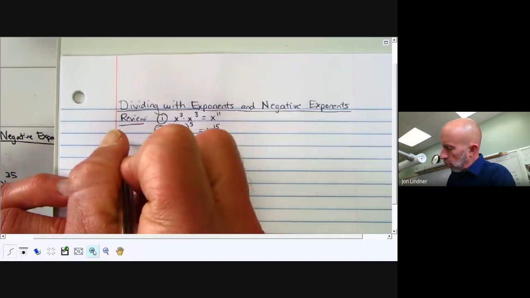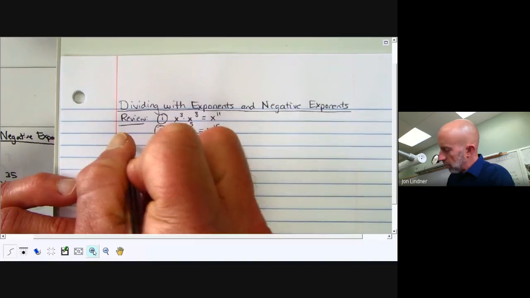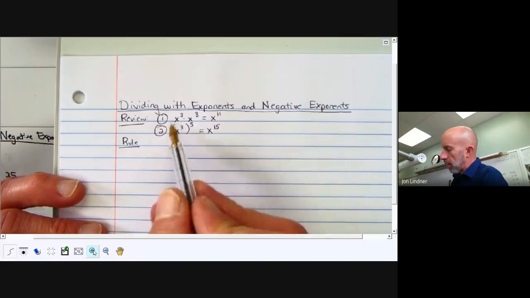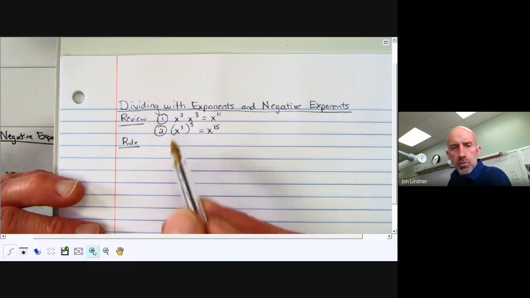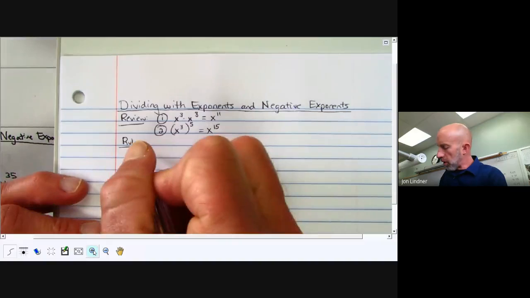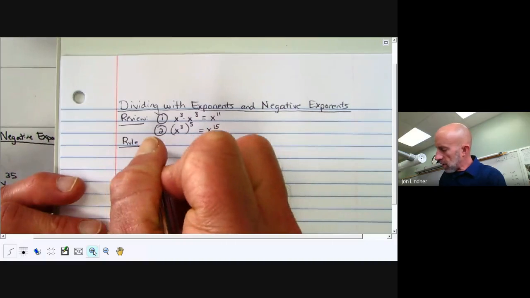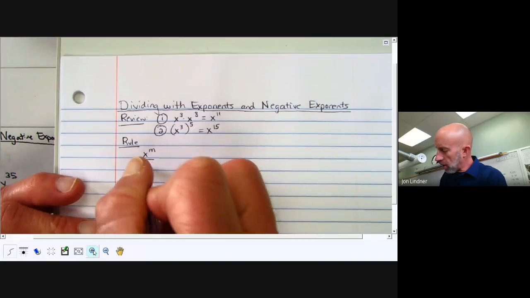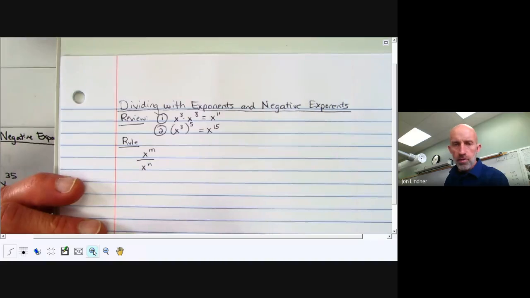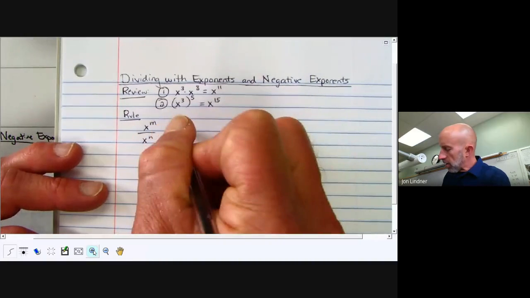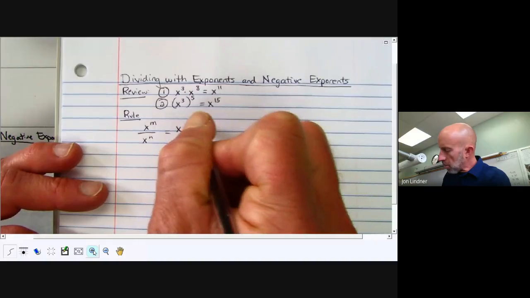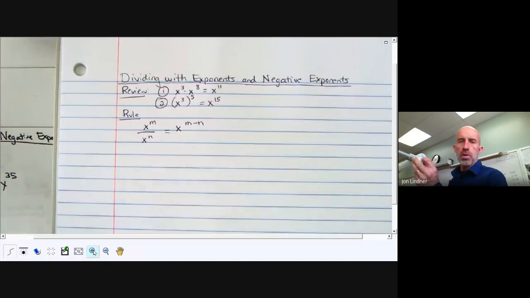But here's our new rule, and it involves dividing. Now let's think. If I add the exponents when I multiply, I'm going to subtract them when I divide. So my rule says that x to the m divided by, we usually use a fraction bar for divide, x to the n is x to the m minus n, top minus bottom, okay?